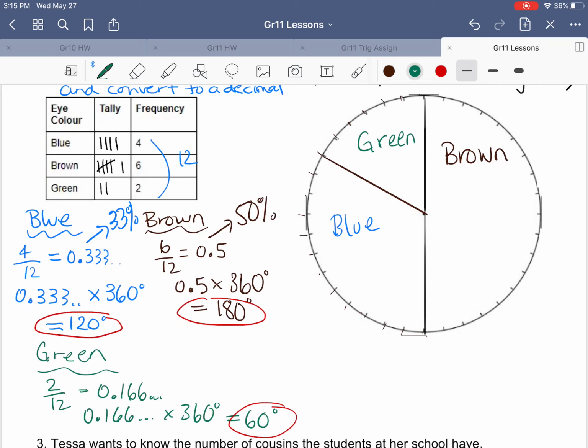And then for the green eyes, we have 0.16666. That rounds to 17%. And we're going to include that information on our graph.